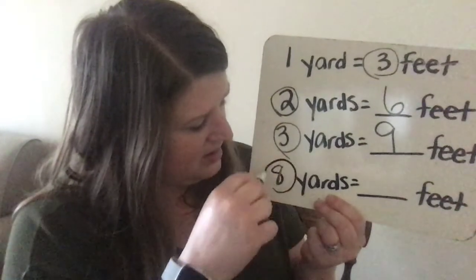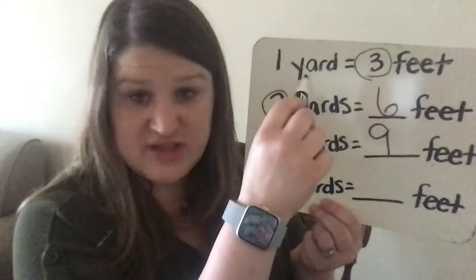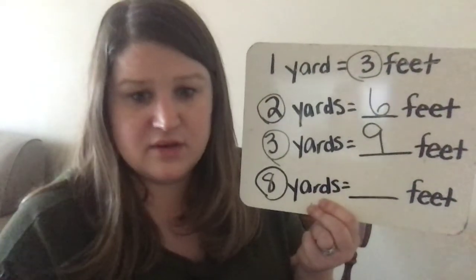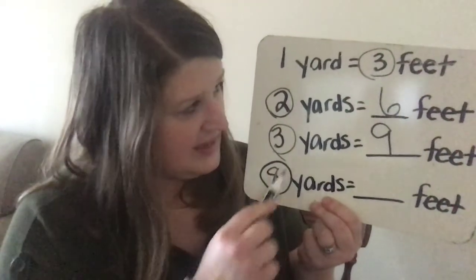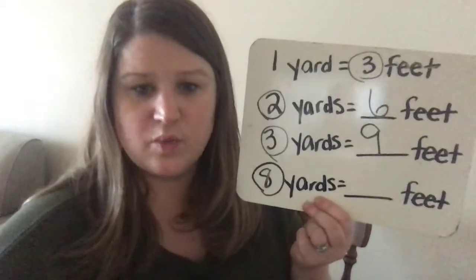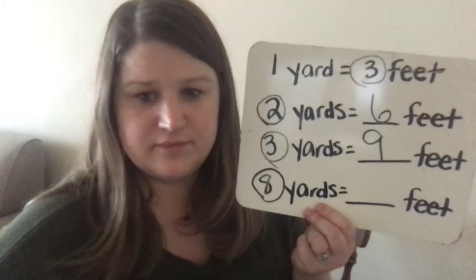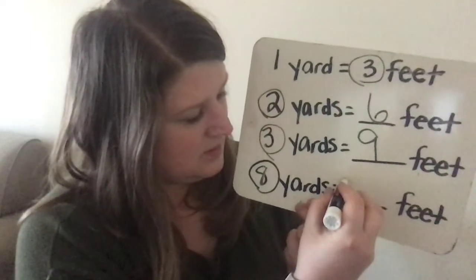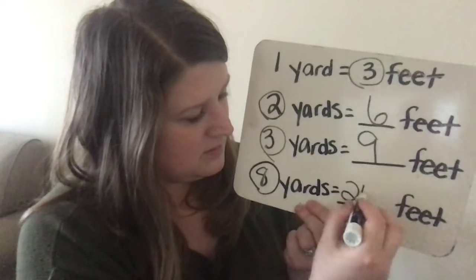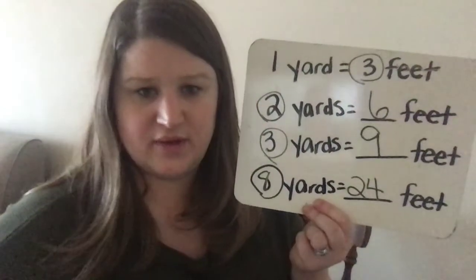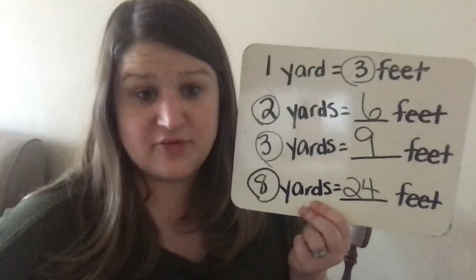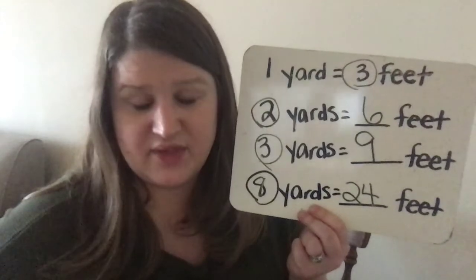So I have 8 yards. If I just have 1 yard, it equals 3 feet. So I'm multiplying 8 times 3, which is, I'm going to give you a minute to figure it out. 24 feet.